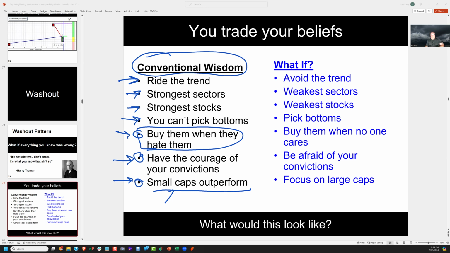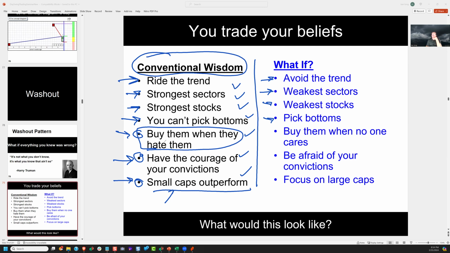So I said, well, let me take exactly the opposite of every one of those conventional beliefs. And you can find a lot of words written to affirm those as market beliefs. So I said, well, if I took exactly the opposite, I would try to avoid the trend and aim at the weakest sectors and the weakest stocks. I should try to pick the bottom.